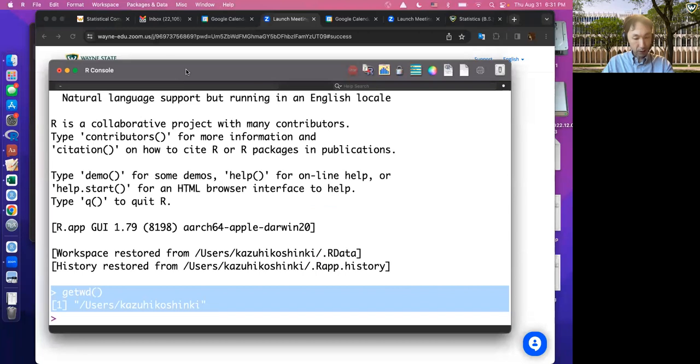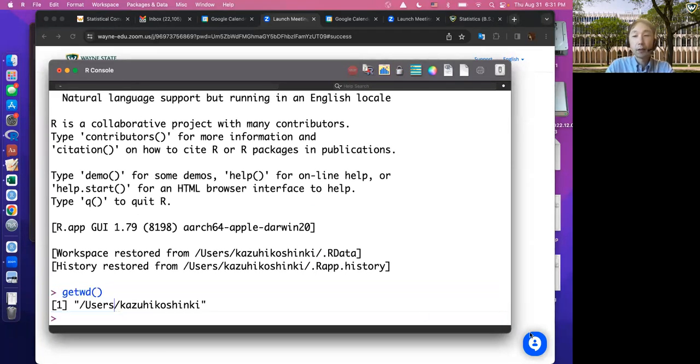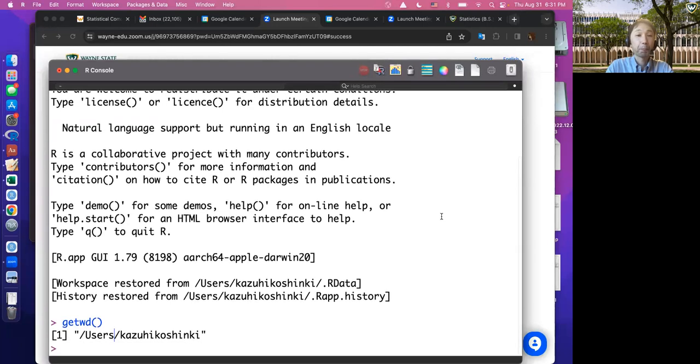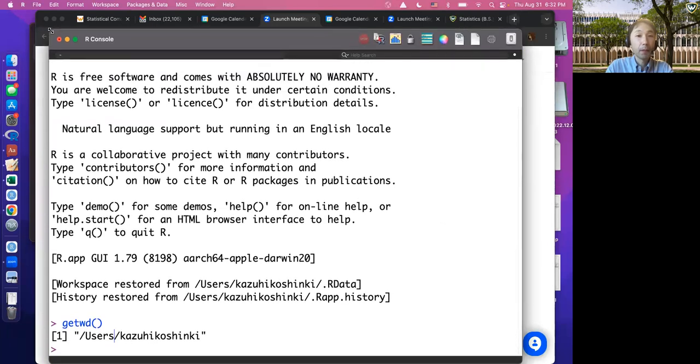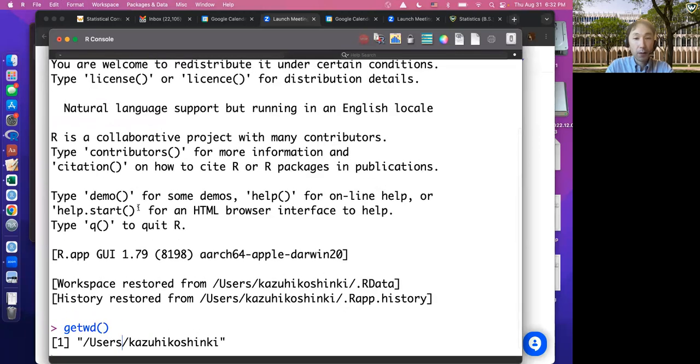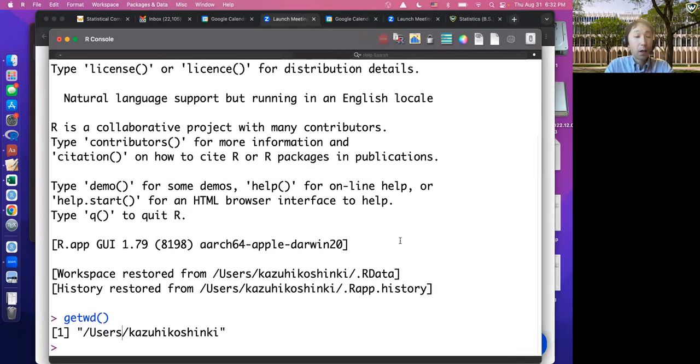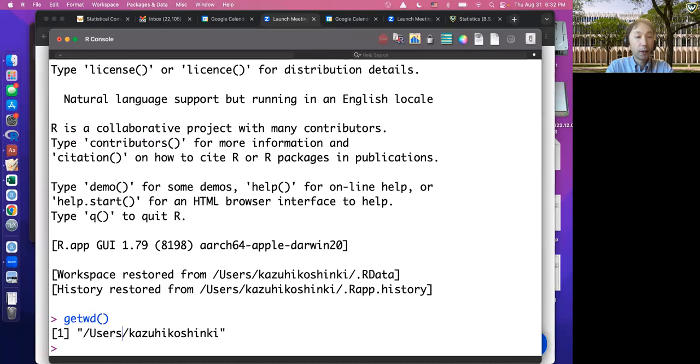Okay, so last time we studied how to generate vectors. I hope you're seeing the screen. And how to define a vector in R: you can use the C to declare a vector.